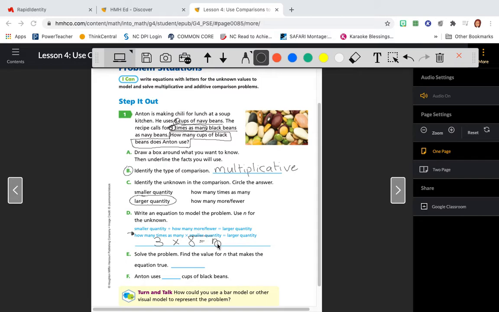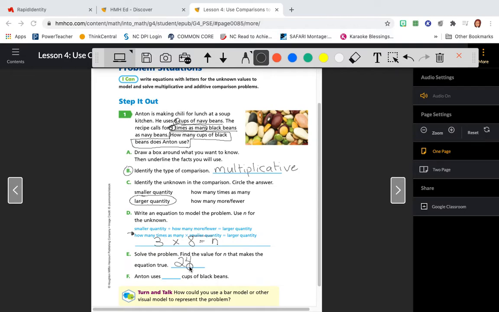Now, E says solve the problem. Find the value for N that makes the equation true. If you use B, find that value for B, whichever one works. All right, so what is 3 times 8? So 3 times 8, it's 24. So how do you find that out? You could use a bar model.